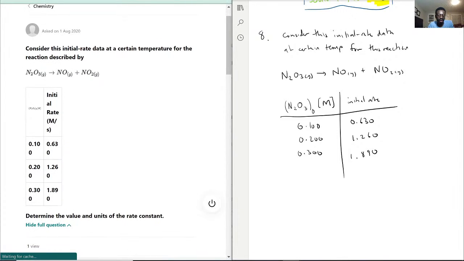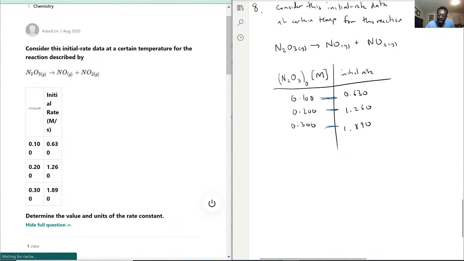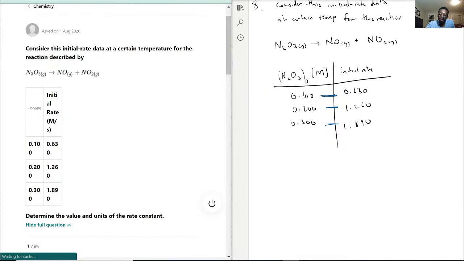So now that we've written that out, determine the value and units for the rate constant. So for this, what the question is asking really is, what is the relationship between increasing the initial concentration and the change in the initial rate, to find out how the rate law works. So for this, to find out actually the ratio, what we do is we take one concentration.